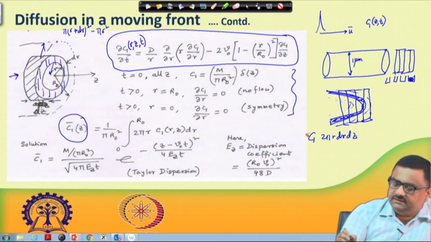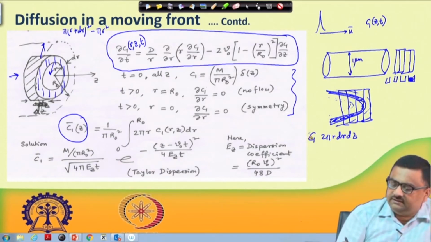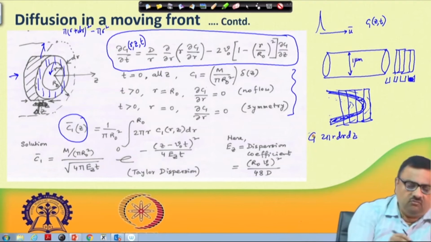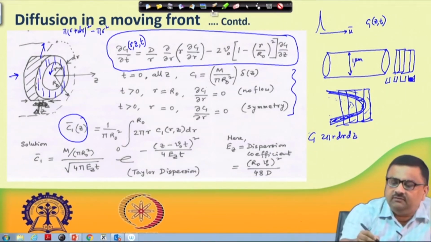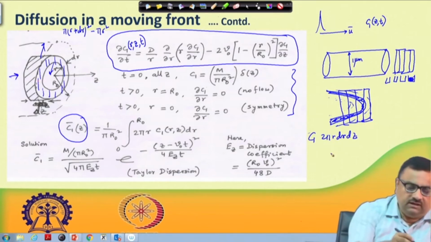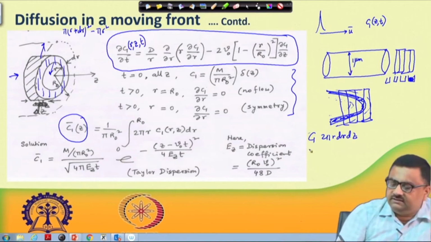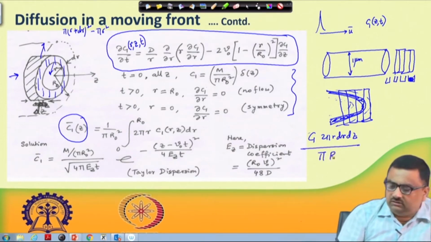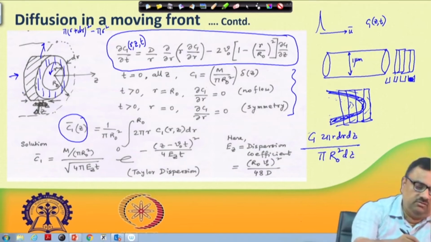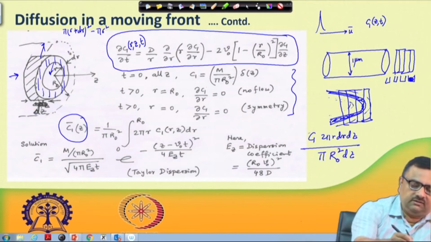This is the concentration C1 for this differential volume, and then the total volume of the system is basically pi r naught squared dz. That would be the volume of the whole differential slice, if you extend it to the entire cross section.